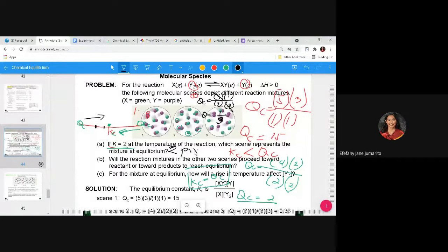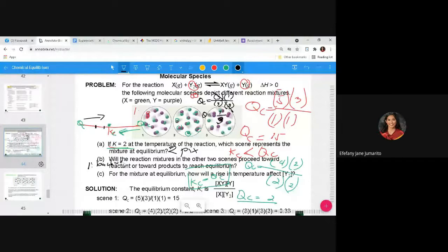What about letter B? Will the reaction mixtures in the other two scenes proceed toward reactant or toward product to reach equilibrium? Picture 1 will move toward reactants, backward.